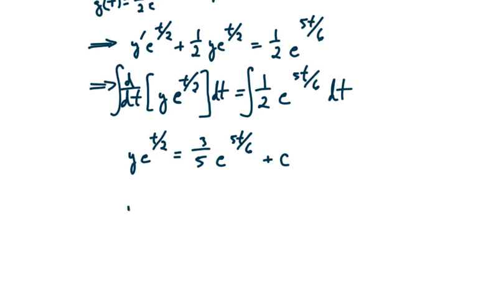And finally, y of t equals 3/5 times e. So when you divide by e to the t over 2 or multiply by e to the negative t over 2, it gets you back to t over 3 plus c e to the negative t over 2.